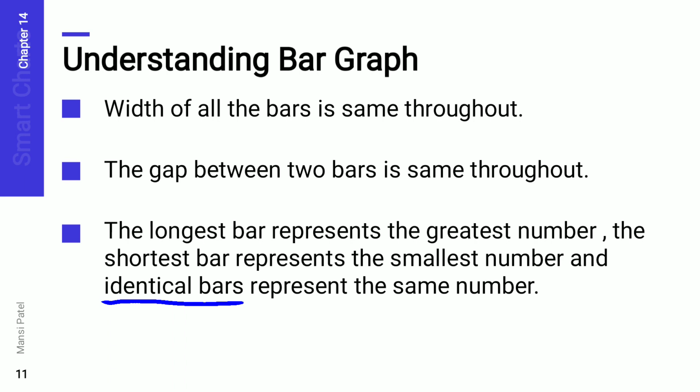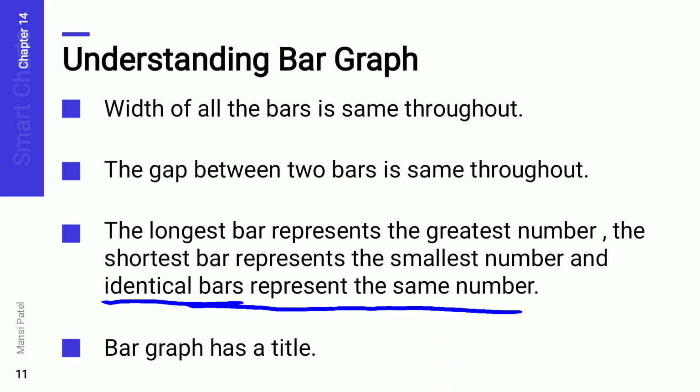If they gave two bars the same, then the meaning is that they represent the same number. If two bars are similar, it means both the bars represent the same number. The last one is that the bar graph has a title.